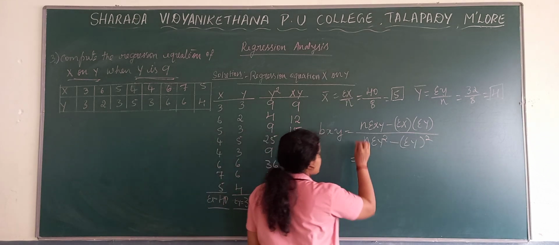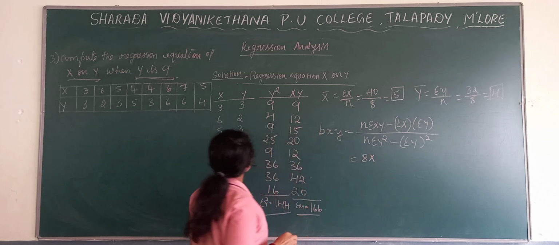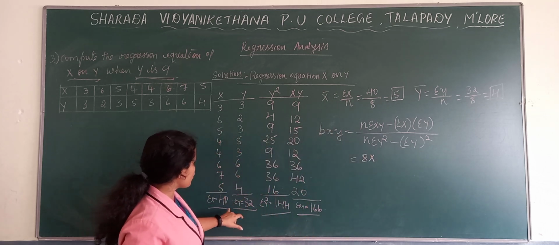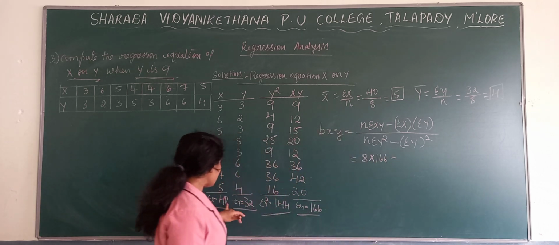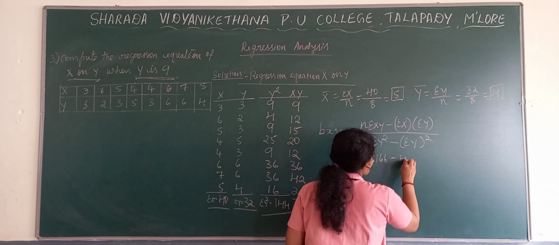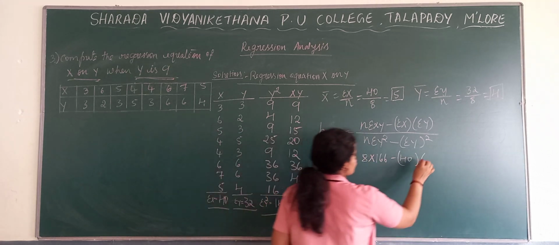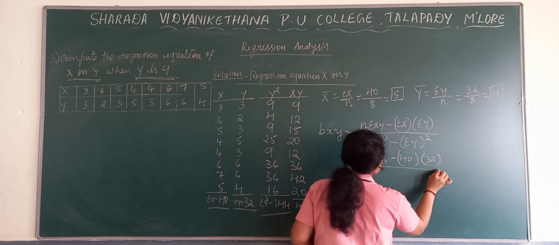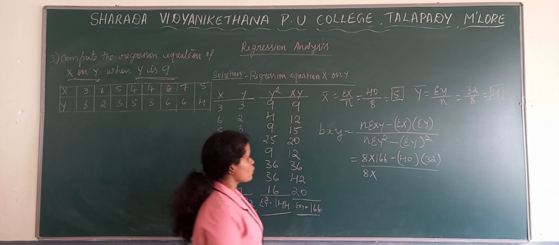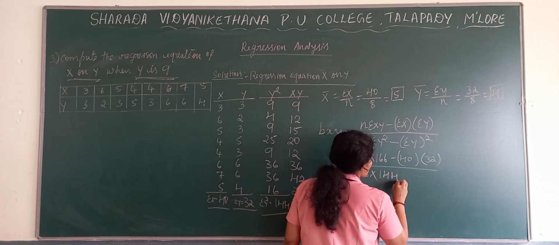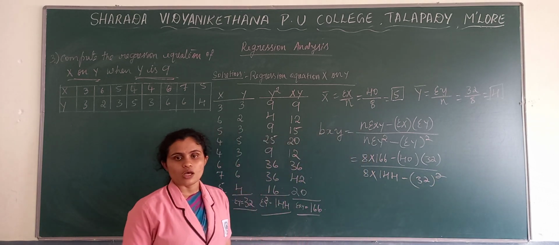Now n, the number of observations, is 8, into the xy column total which is 166, minus sigma x which is 40 and sigma y which is 32, divided by n which is 8 into y square which is 144, minus sigma y that is 32 whole square.